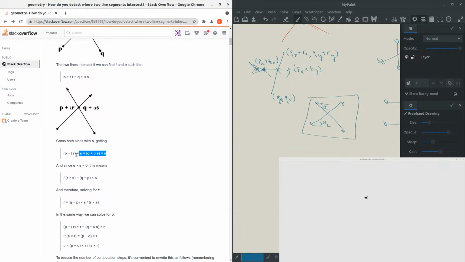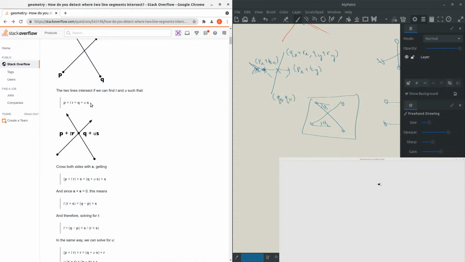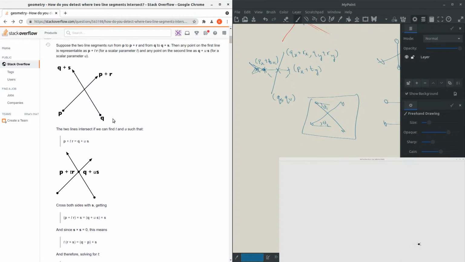Okay, so the goal here is to find some t and some u, which are scalars, to find the intersection point. What that means is, this is exactly the same thing that I was referencing. We have some point p, and this vector from here to here is r, right?